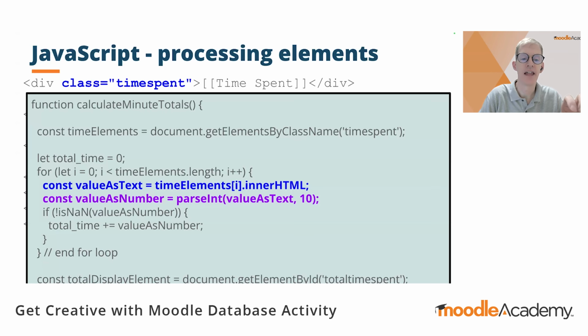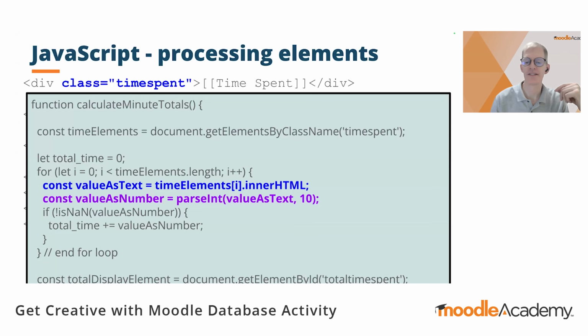Also notice the inner HTML property. This takes the value of what's inside the HTML div class, which is our time spent reading. So you have a div and a slash div, and then inside will be what's inside that HTML. The next function, parseInt, has to take that value and turn it into a number. So you and I know that the value on the screen is a number, but JavaScript doesn't.